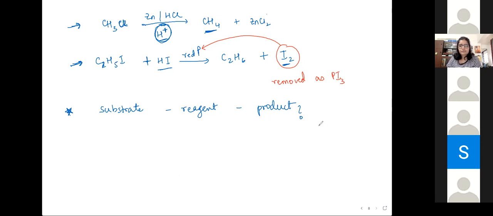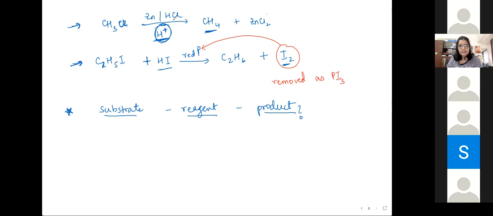So ma'am, the H+ that you've written under the arrow, that's not exactly a catalyst, but we're adding those together. As I told you, all the reactions we'll study as substrate, reagent, product. So the important point you need to get from this reagent is zinc in the presence of acid.